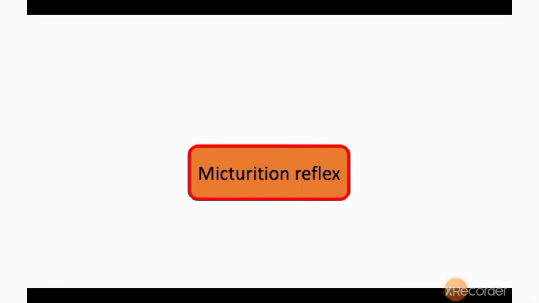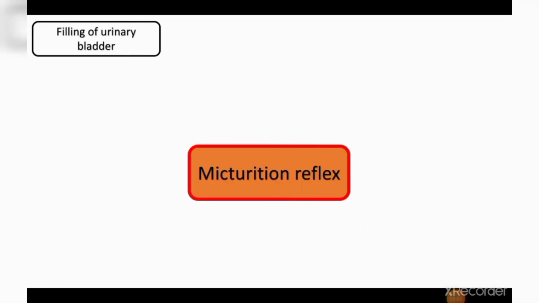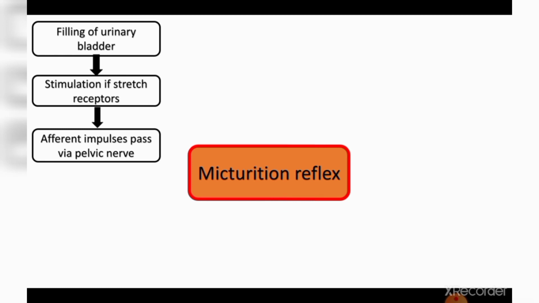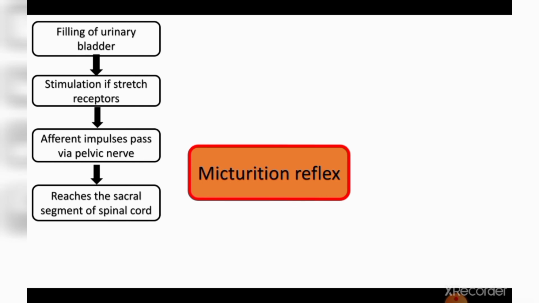Now here is a flow chart for the micturition reflex. At first, the filling of the urinary bladder will occur. When the urinary bladder is completely filled, it will stretch the receptors on its wall, and stimulation of the stretch receptors will produce an impulse which is sent to the sacral segment of the spinal cord through the pelvic nerve.